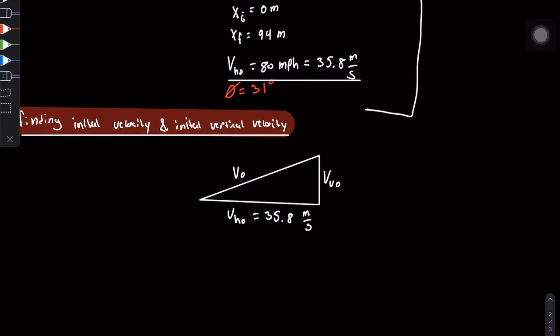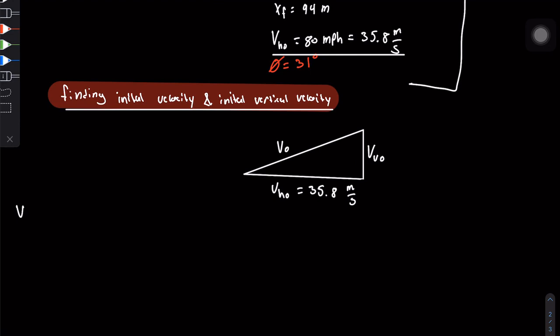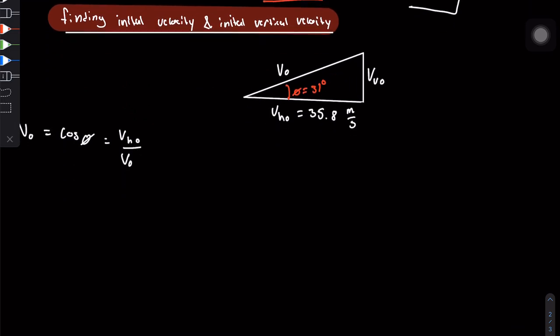So the first step is calculating the initial velocity, v naught. Cosine theta is equal to the initial horizontal velocity over the initial velocity. Theta, as already found before, was 31 degrees. So cosine of 31 degrees is equal to the initial horizontal velocity, which is 35.8 meters per second, over the initial velocity.